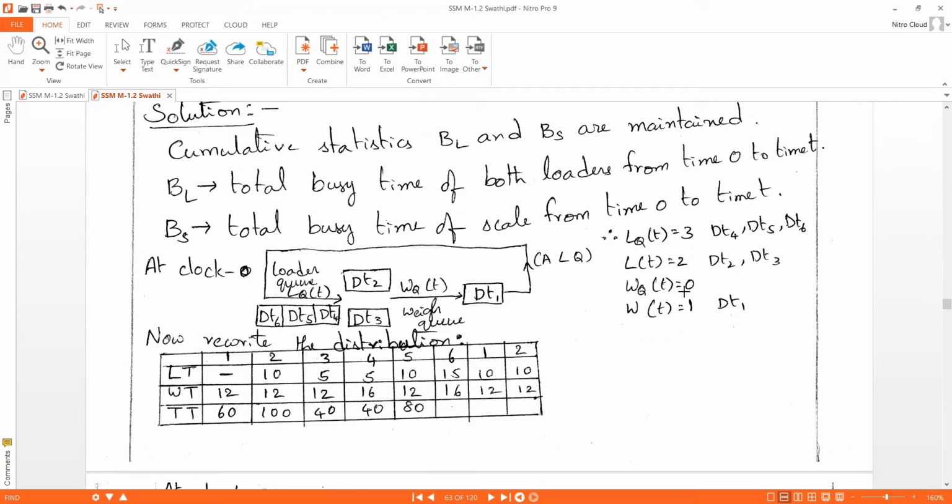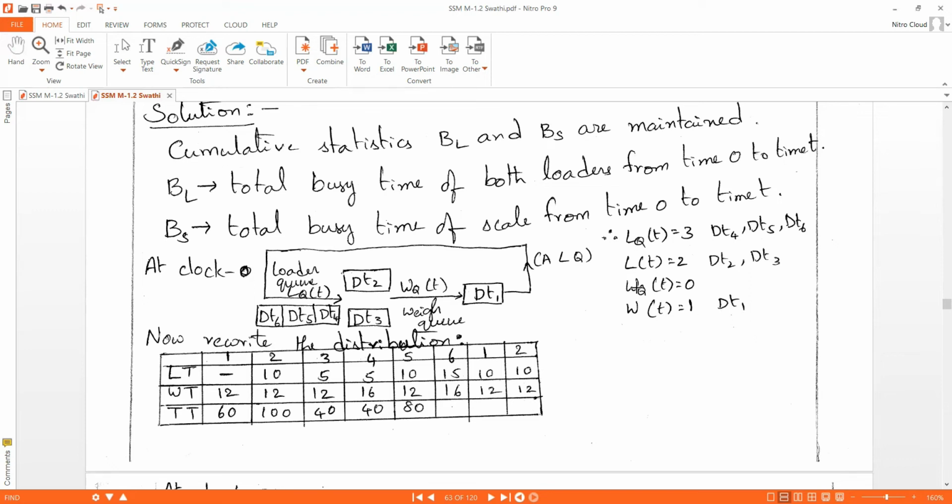Next, the weighing queue. No truck is in the weighing queue, so it is 0. At the weighing scale there is one truck, so W of t will be 1. The truck at the scale is DT1.